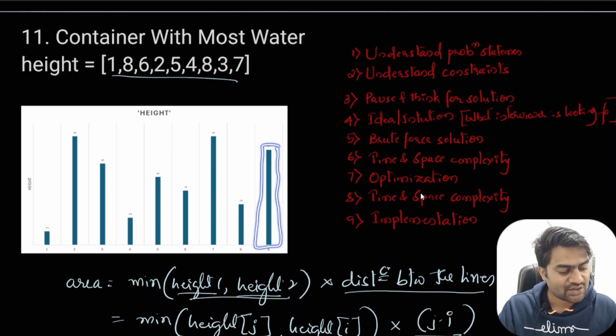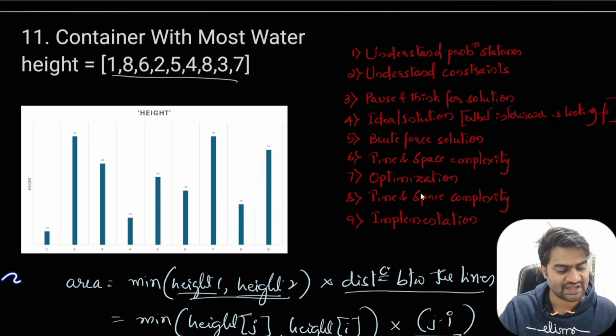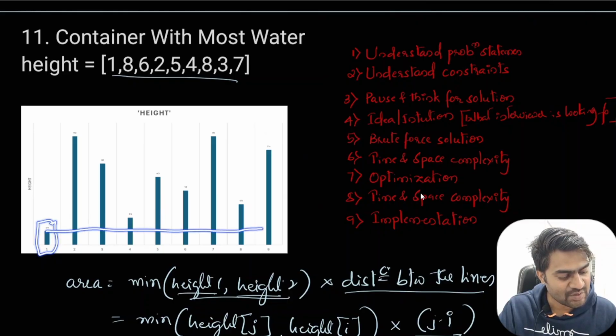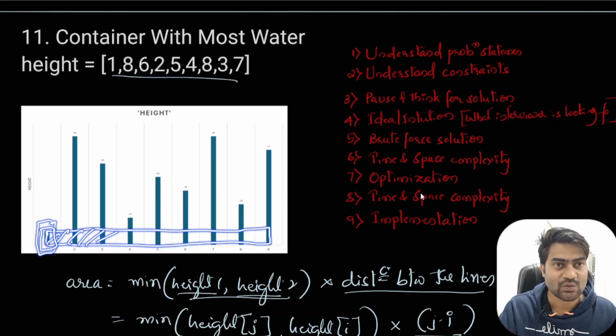is it a good idea to eliminate this larger height or eliminate this smaller height? So I say we should eliminate this value because this is the maximum possible rectangle that we can draw if we consider this particular value. Why?